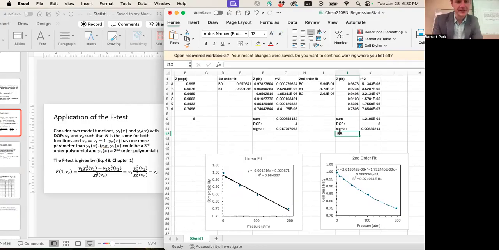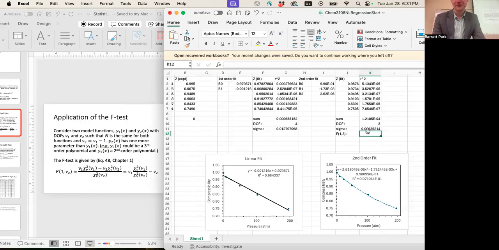So let me calculate. This is going to be F 1, and then the number of degrees of freedom in the fit with more parameters is 3. So this is going to be the F 1,3 value. And I'm going to calculate it according to this equation here. You can use either the left-hand side here or the right-hand side here. It doesn't matter which one you use.